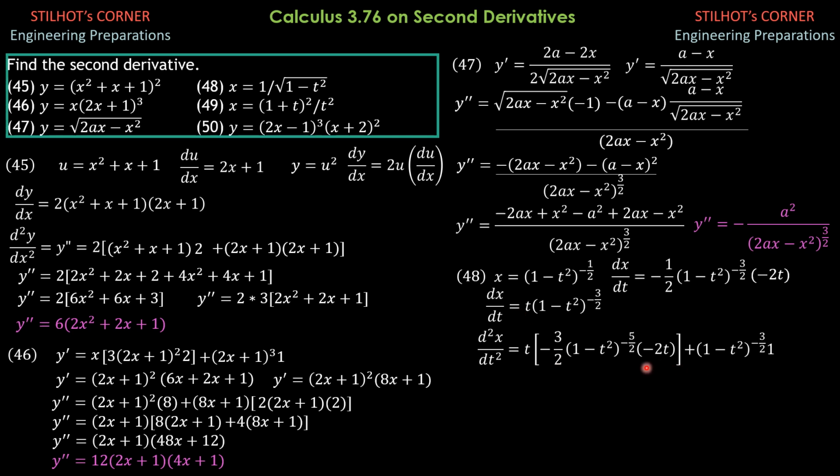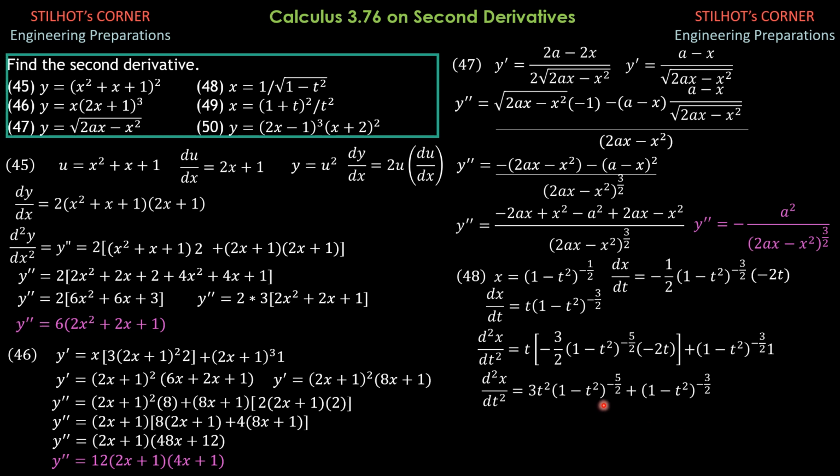So we simplify first, cancel out negative 2t and negative 1 half. So the second derivative of x with respect to t is 3t squared quantity 1 minus t squared to the negative 5 halves, then plus 1 minus t squared quantity to the negative 3 halves.